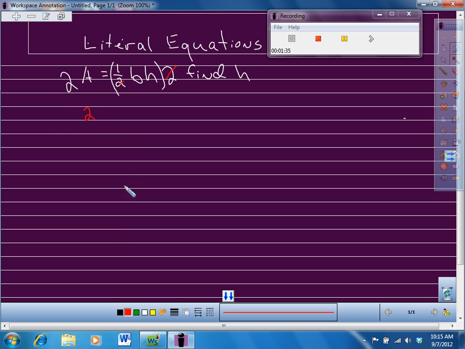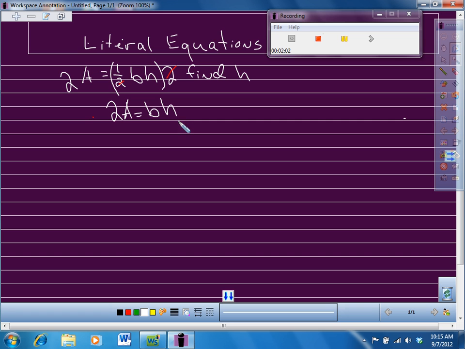Now I have 2a equals base times height. I still want to get h all by itself. What would I have to do? This says b times h, so how do I get rid of multiplication?